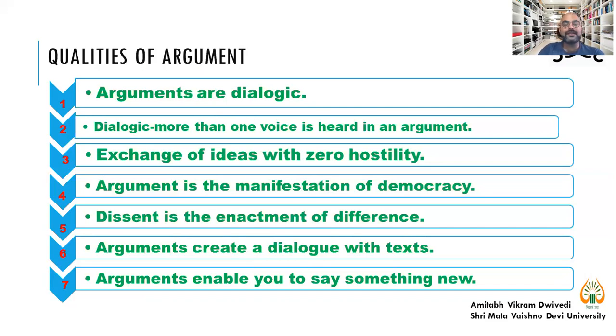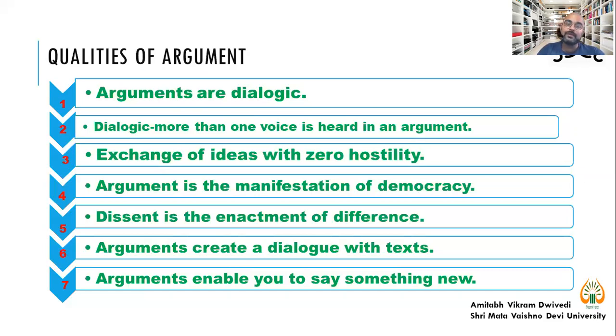So arguments create a dialogue with text. You read a text, you read an author. Now, the author is not present in front of you, but when you formulate an argument, then in fact you are talking with the text, you are talking with the author who is actually absent. So arguments enable you to say something new. This quality makes an argument an argument.